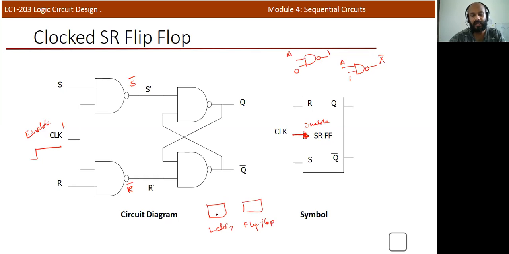We already mentioned that a latch is always level triggered, and a flip-flop is always edge triggered. In between we will use both names, flip-flop and latch, but basically latch means a level triggered one, and flip-flop means an edge triggered one. When the signal is high, the output will change, or input values are sensitive, then it is actually a latch. So you can call it an SR flip-flop or SR latch.